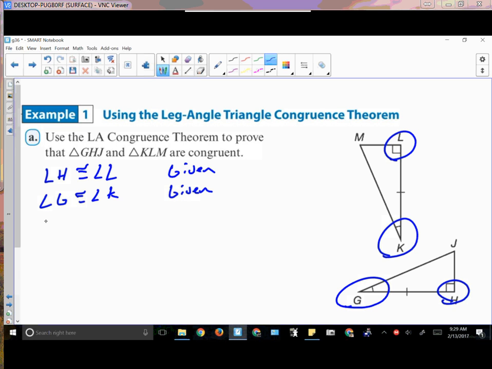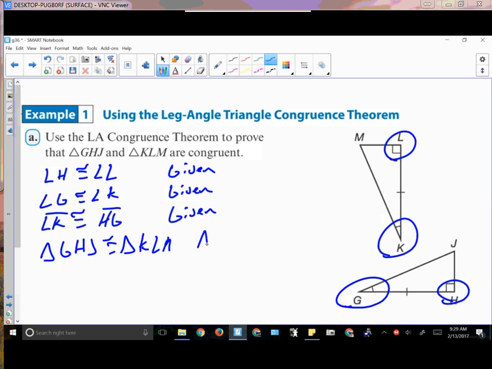Lastly, we have LK is congruent to HG. Again, that was given. So we can say that triangle GHJ is congruent to triangle KLM by angle, side, angle.